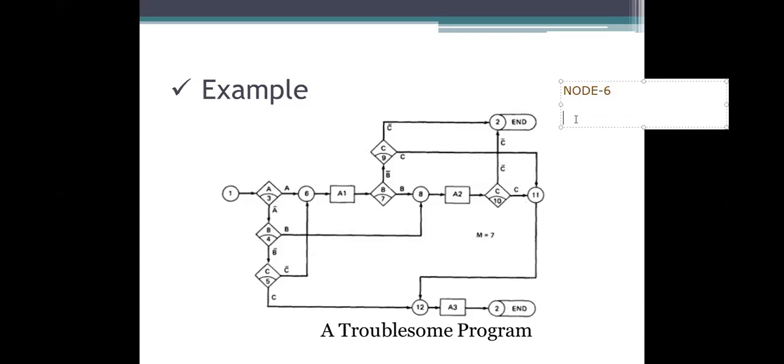So the first one here is A. First path is A. And then second path. To reach the second path, not A, and then not B, not A, B, C. Okay.